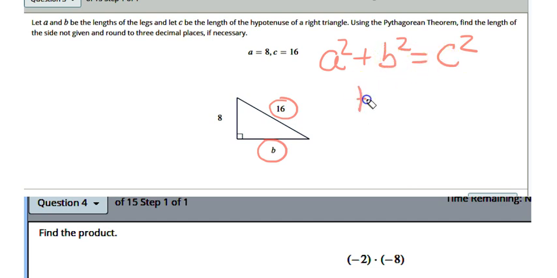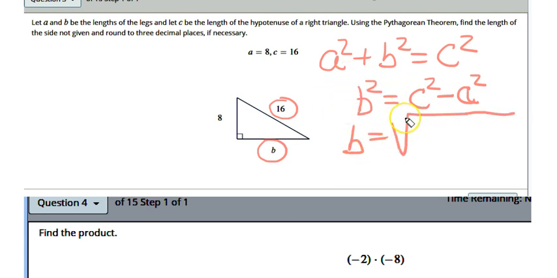We go b squared equals c squared on this side. But now we take this term, transpose it, it changes its sign, and it becomes a squared. And we take b then, take the square root of this side, is the c squared minus a squared. So let's just do that.